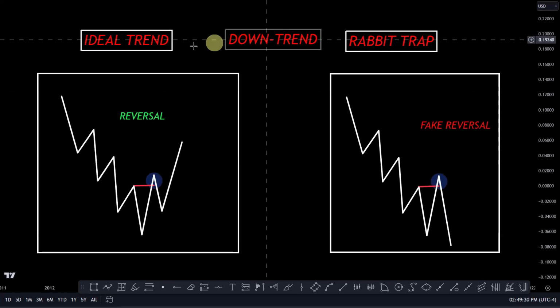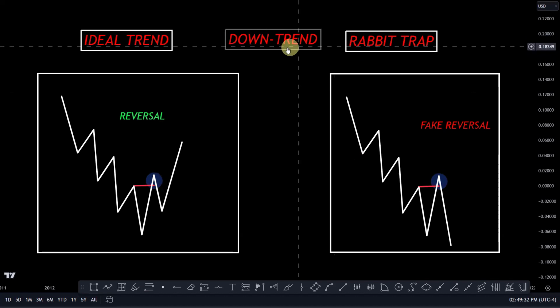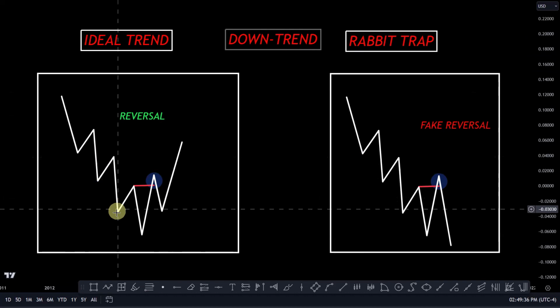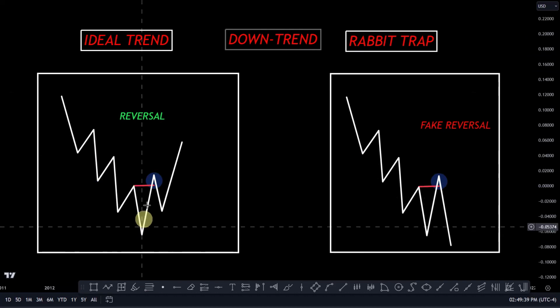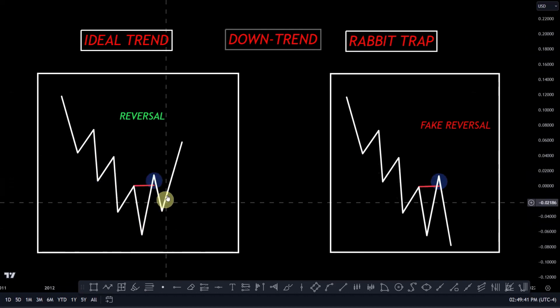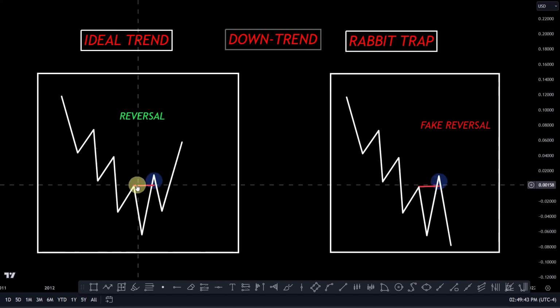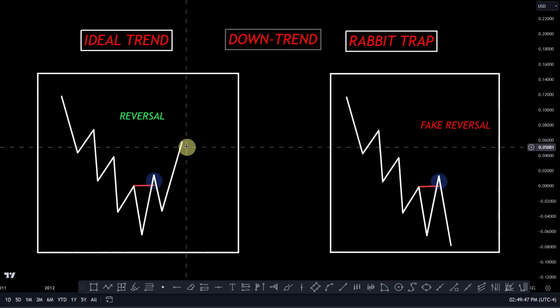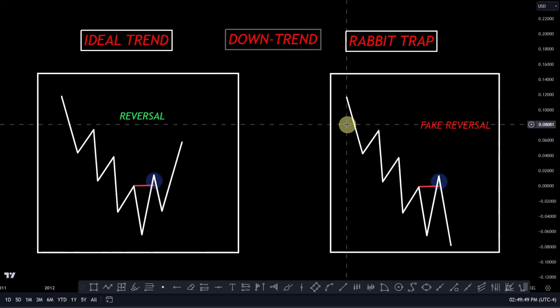So what is an ideal trend reversal and a rabbit trap in the case of a downtrend? Price is giving us lower highs, lower lows, lower high, lower low, lower low, again a higher high, higher low, higher high. This break of the lower high was a change of trend. It was a reversal. Then price started to go in an uptrend.